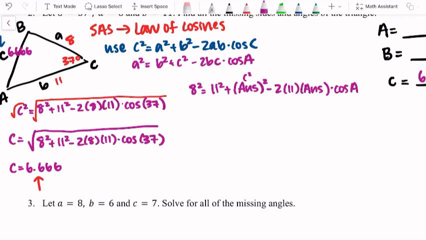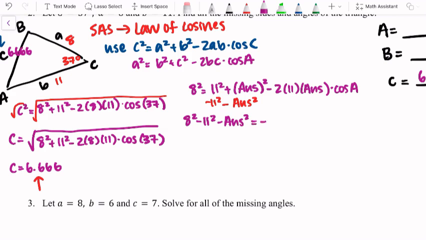Okay, so what I mean by that is we are going to just move these terms over. So like for instance, I would subtract my 11 squared and I would subtract my C squared or my answer squared. Okay, so if I did that, and I did that on both sides, I'd have 8 squared minus 11 squared minus answer squared, okay, so our C squared.